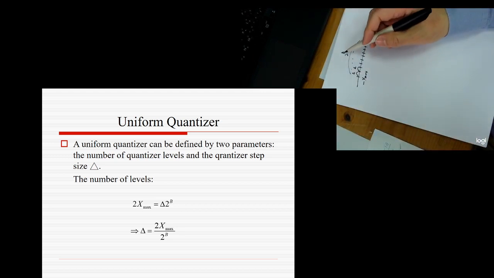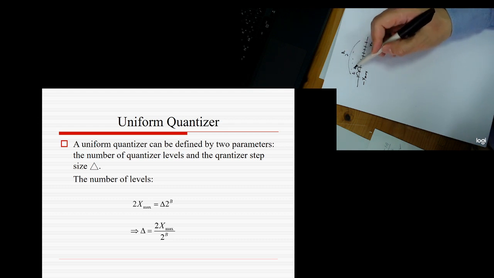Here b is the encoding bit, and 2 to the power of the encoding bit means you make good use of your encoding bits to represent your quantization levels. This delta is the quantization step size.